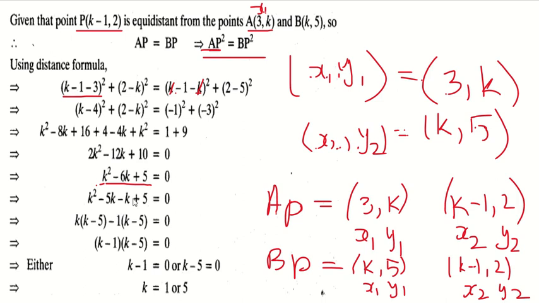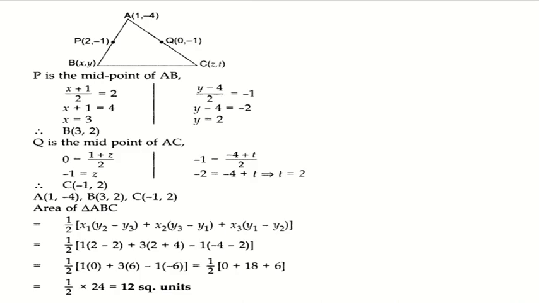So, what we will do, from this k is common, I am taking k minus 5, from this 1 is common, k minus 5. So, what are the two factors I am getting? Minus 1 and minus 5. So, the value of k will be what? Either it will be 1 or 5. Out of these two values, k can be any value. It's a very important question from your exam point of view.